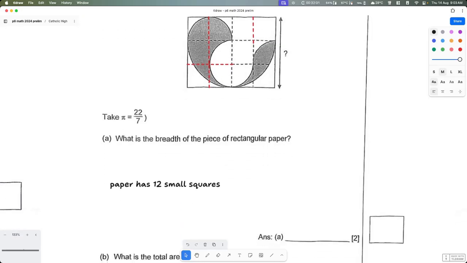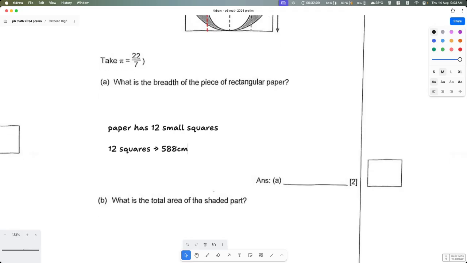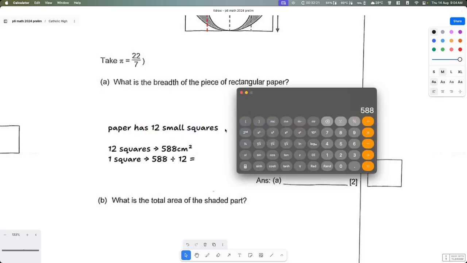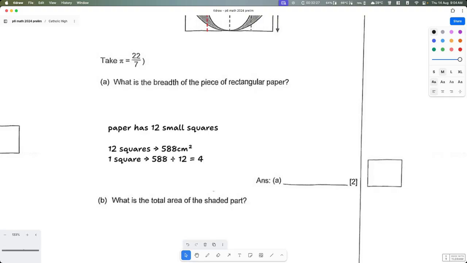That means 12 squares is equal to 588 centimeters square. Then one square is equal to 588 divided by 12, which is equal to 49 centimeter square.